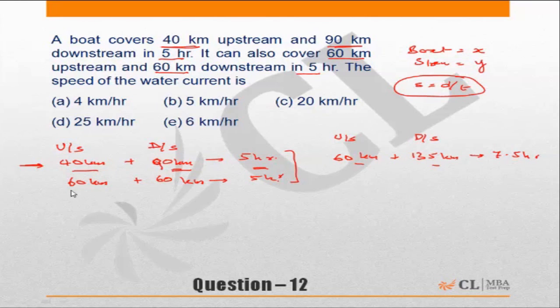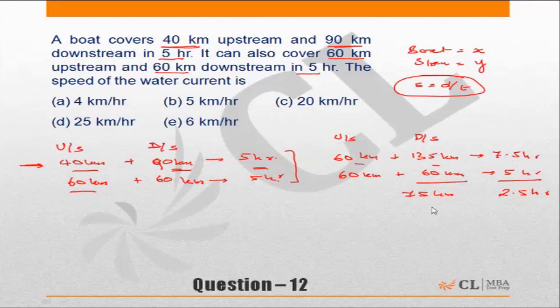And now let's just look at the second equation. The second equation is 60 kilometers upstream plus 60 kilometers downstream can be covered in 5 hours. All the gap between these two of 2.5 hours is on account of the extra 75 kilometers downstream.